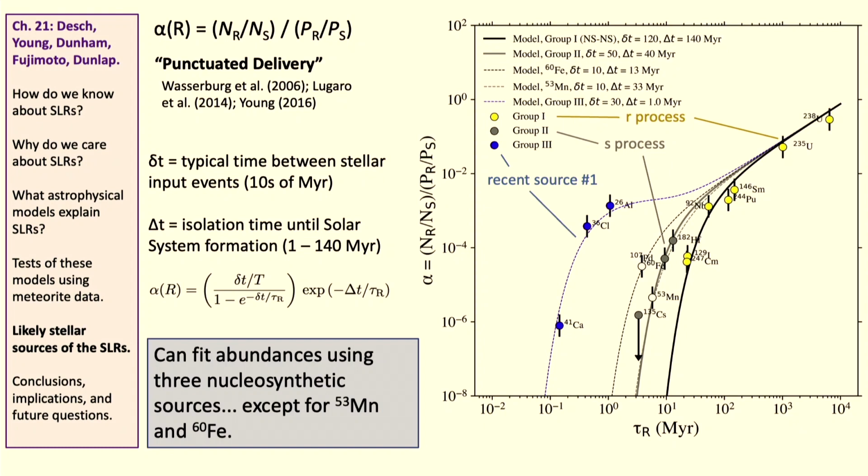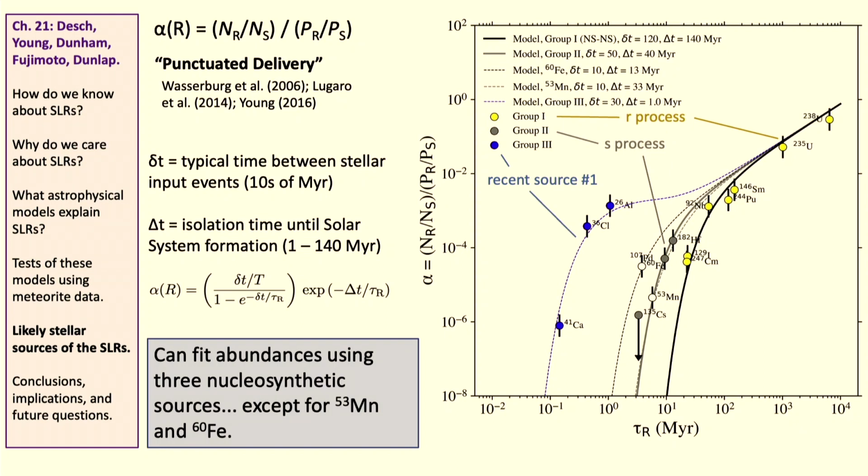How do the radionuclides actually get into clouds is an important question. And there's two models that we discussed in the chapter. One that's very intuitive is the punctuated delivery model. You just have supernovas, or you do have AGB stars, or you have other things that are contributing radionuclides at different times.